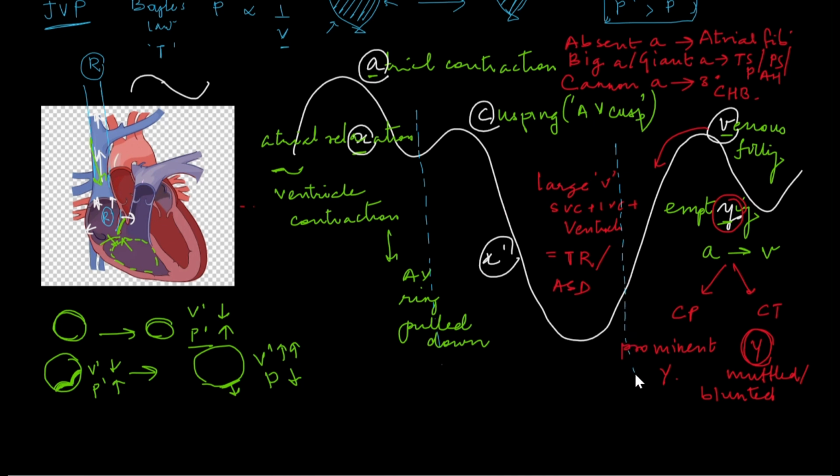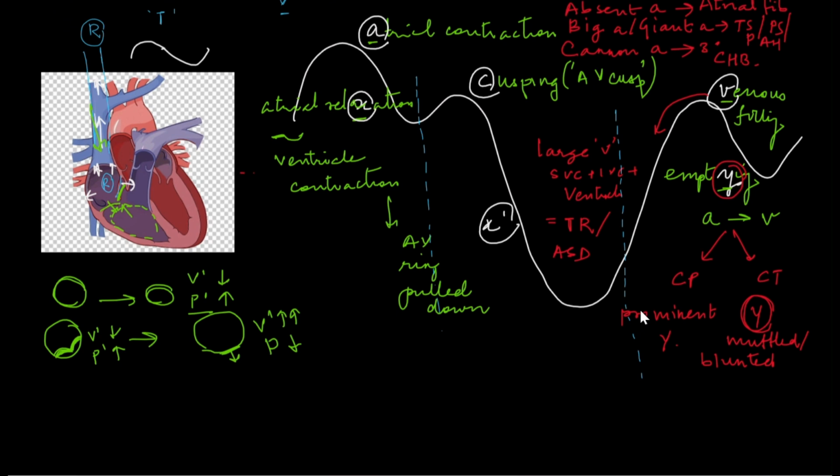And for the ventricle to contract, you should always have a QRS. QRS corresponds to the ventricular depolarization. So the midpoint between the A and C is where your QRS coincides. The peak of the QRS coincides just before the C wave.